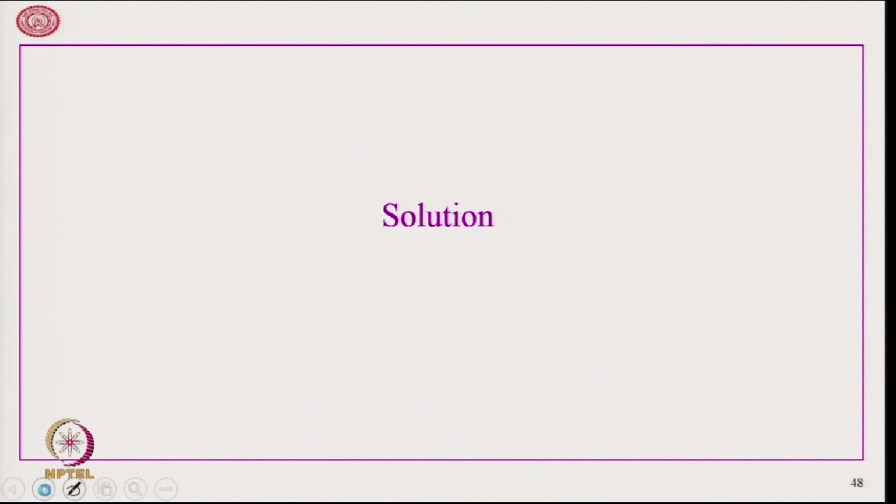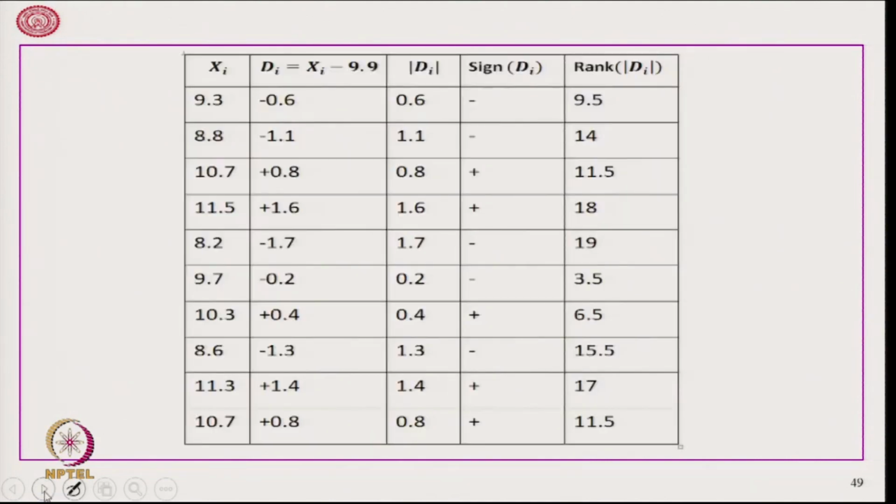Let me go to the solution. We prepare a table like this. The first value is 9.3, m naught is 9.9. So, di is equal to minus 0.6. Therefore, we understand that it is negative, but not only that, the absolute difference is 0.6.